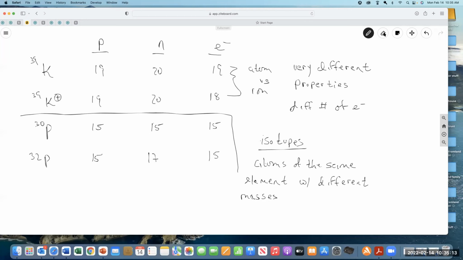So these are isotopes. P30 and P32 are isotopes. Atoms of the same element with different masses.